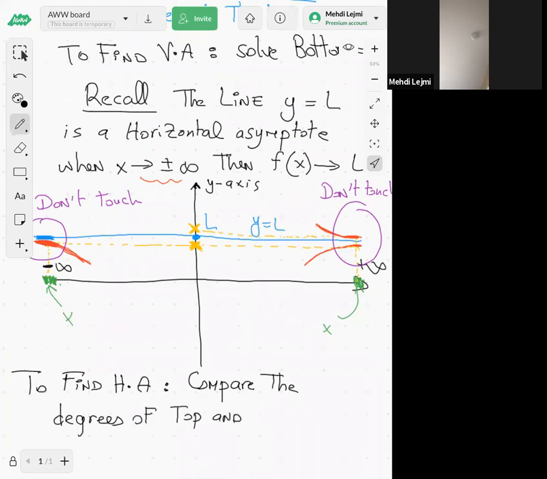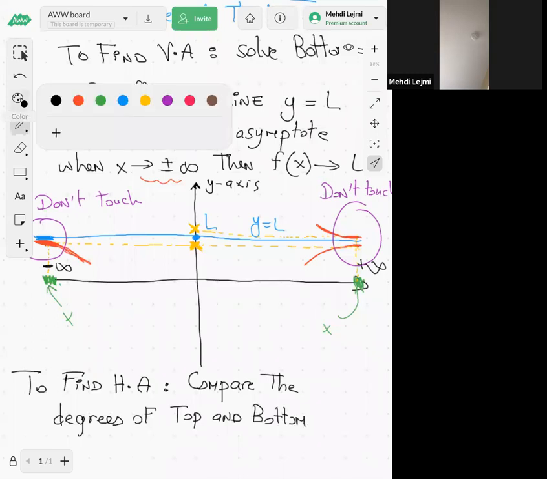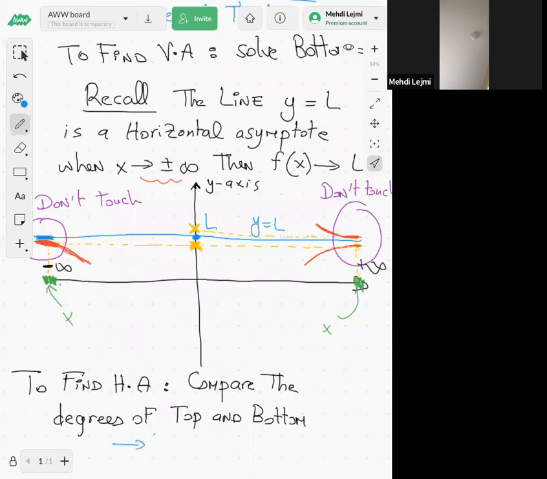Last time we said there are 3 cases. When the degree of the top is larger than the degree of the bottom, or when the degree of the top is less than the degree of the bottom, or when they are equal. Okay, so we're gonna have 3 cases, and that's how you determine your horizontal asymptote, right?